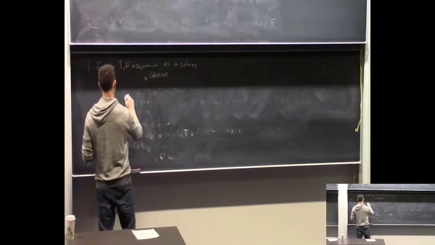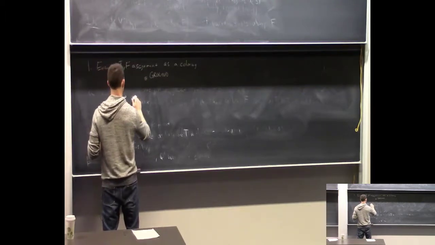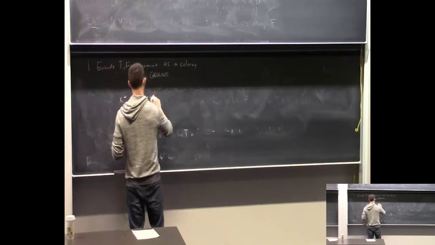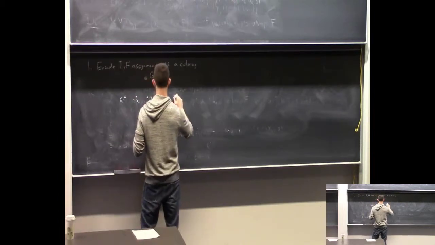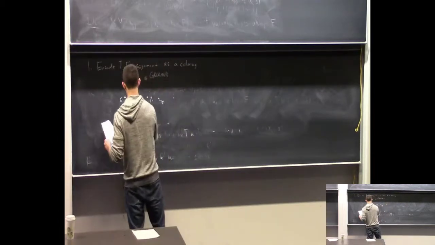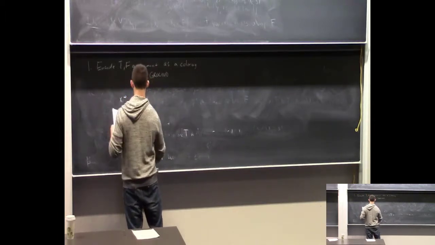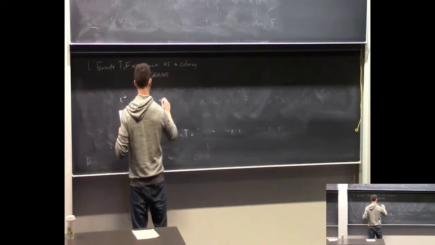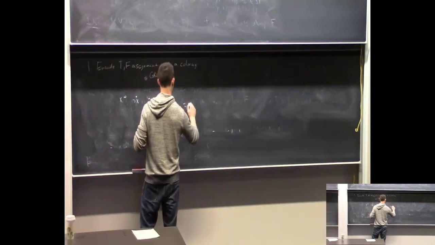So here, maybe I have a vertex for x, a vertex for not x, a vertex for y, a vertex for not y, a vertex for z, and a vertex for not z.